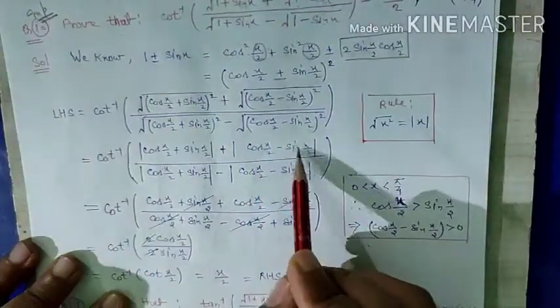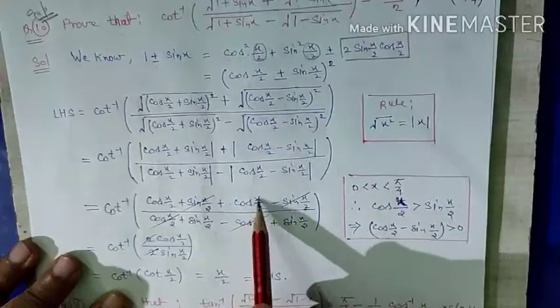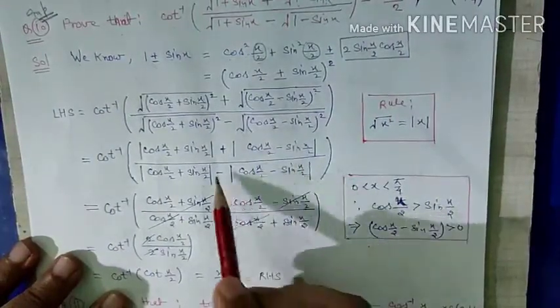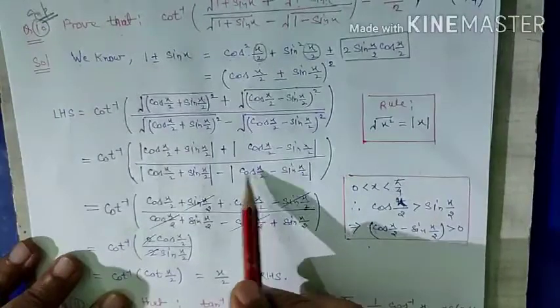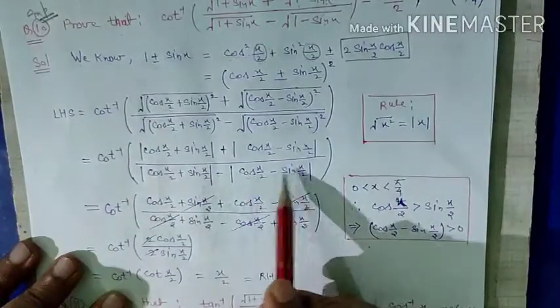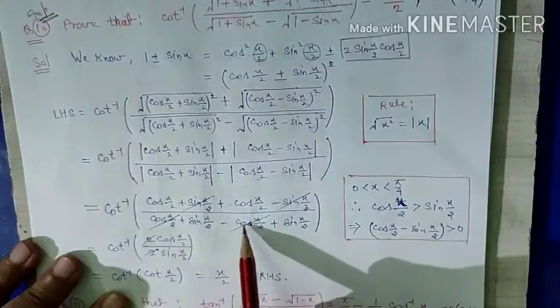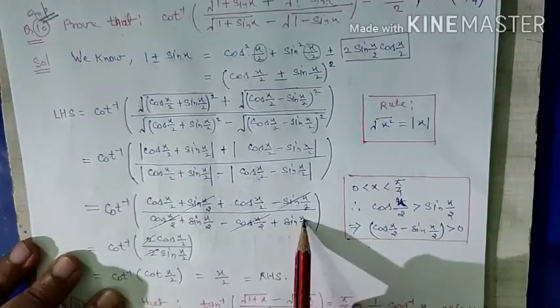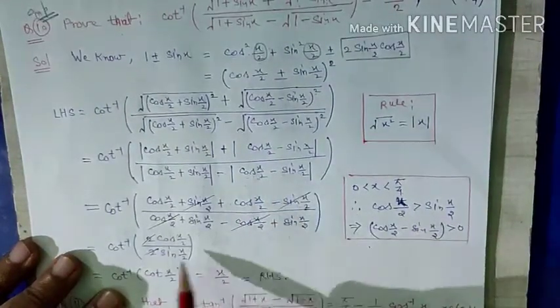So cos x/2 minus sin x/2 would be plus cos, same as this one. Here also it will be positive only, so because of that, the minus sign will be multiplied inside, so cos x/2 plus sin x/2, minus minus plus.